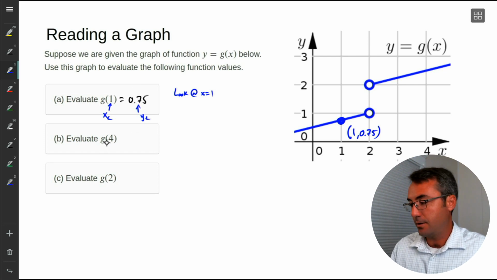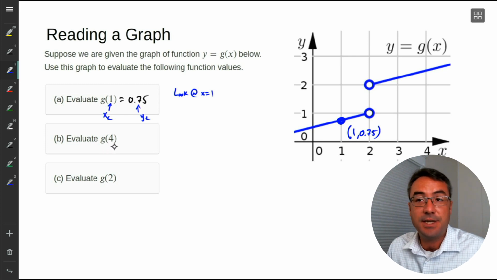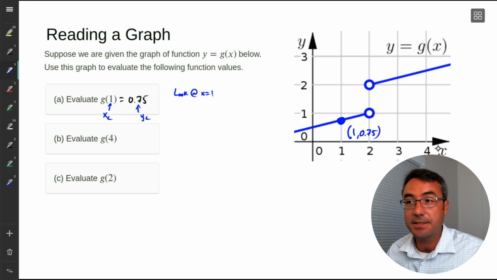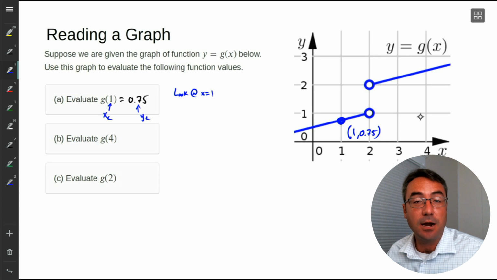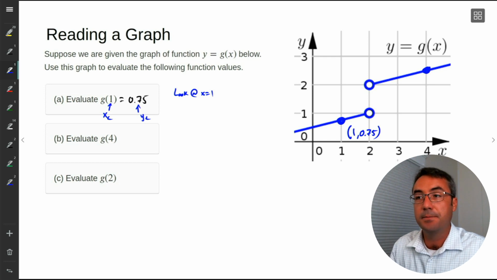All right, so now we want to evaluate g of 4. So this tells us, look at what's happening at x equals 4. We find our x-axis, we find 4 along our x-axis, and then we look up or down until we see our function. In this case, we read up, and there's our point right there.